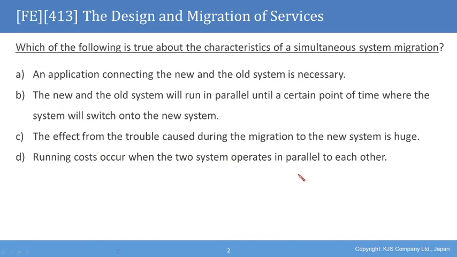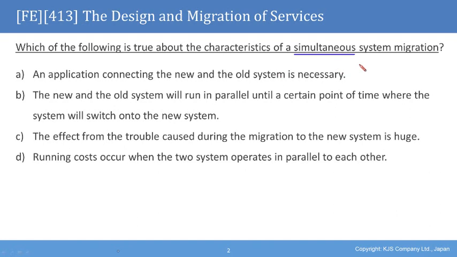So to come back to the original question, the question asks, which of the following statements is true about the characteristics of a simultaneous system migration? So that's the second system migration that we talked about. Option A says an application connecting the new and the old system is necessary.